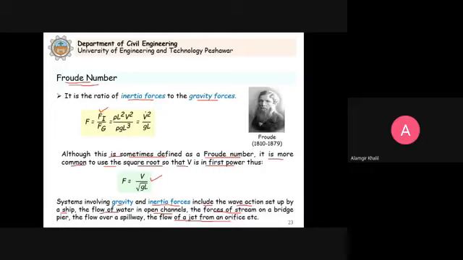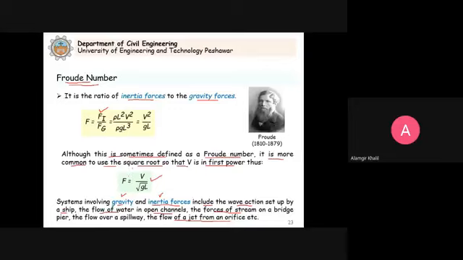These are some of the examples where we have to consider the Froude number in the analysis. We have to see that these forces, gravity and inertia forces, are significant forces.